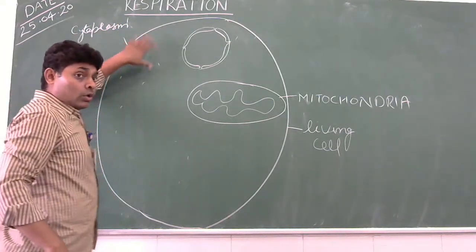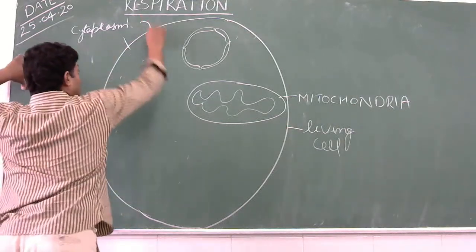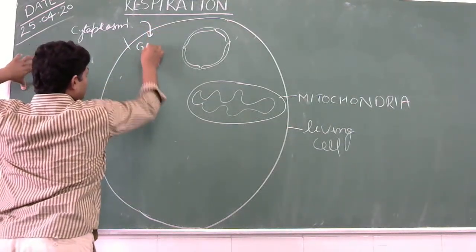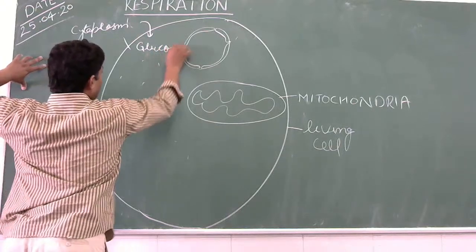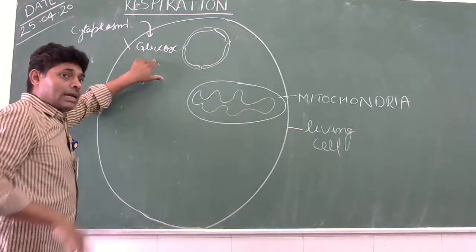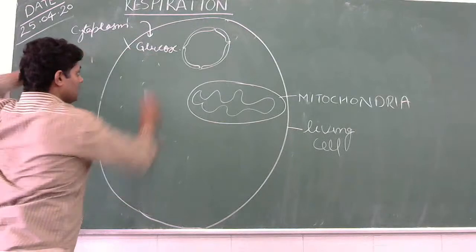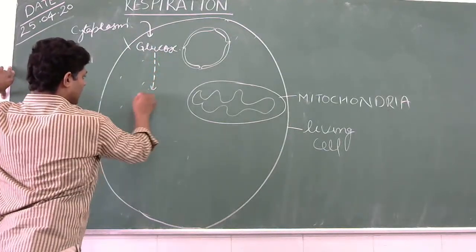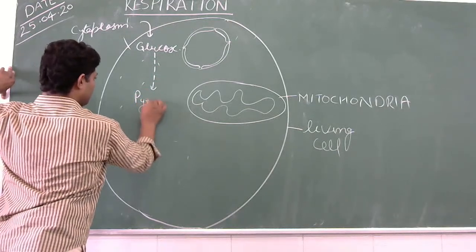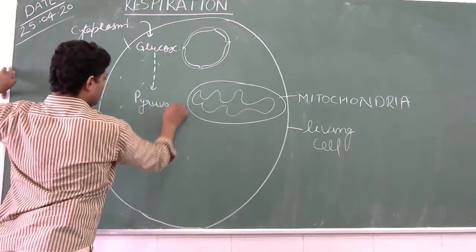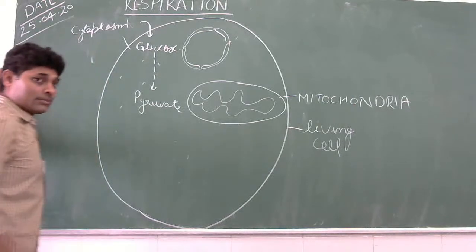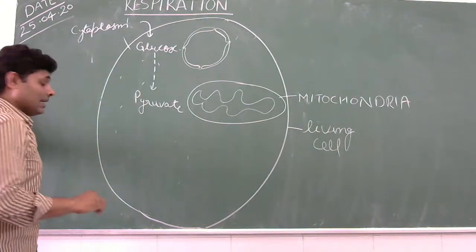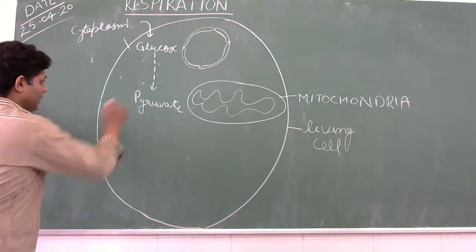So, glucose comes into the cytoplasm. This is a glucose molecule. As I have already told, glucose follows approximately 11 steps and makes pyruvate. Right? Then there are different fates of pyruvate.